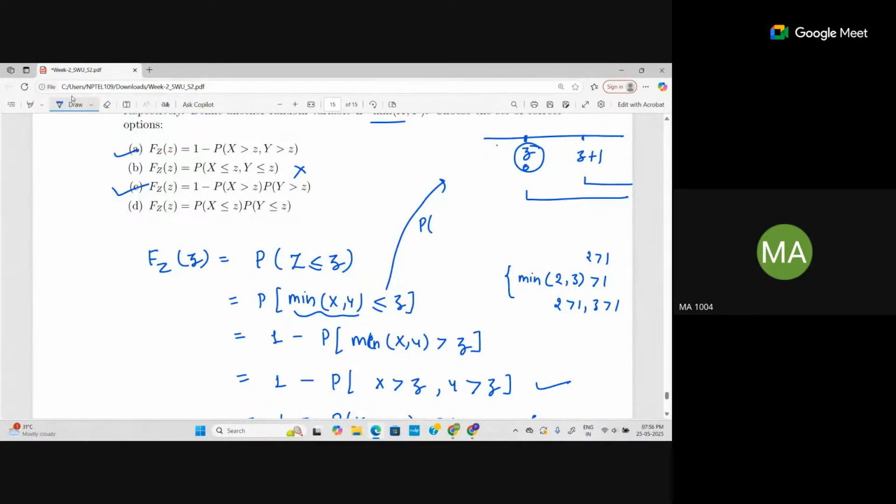So you can write the probability that Z is equal to small z, whatever the value of z is, as the probability Z is greater than small z minus the probability Z is greater than z plus 1, something like this. Or you can take a different case also, like z minus 1, and you subtract z minus 1 from z. So that depends. Okay.